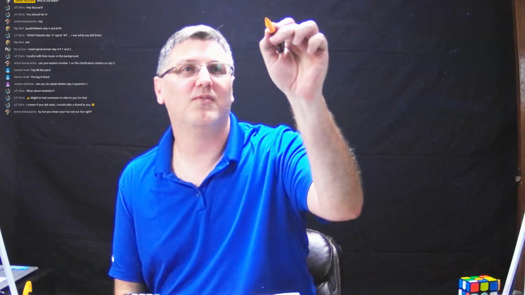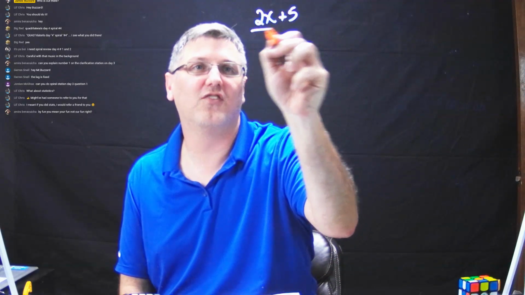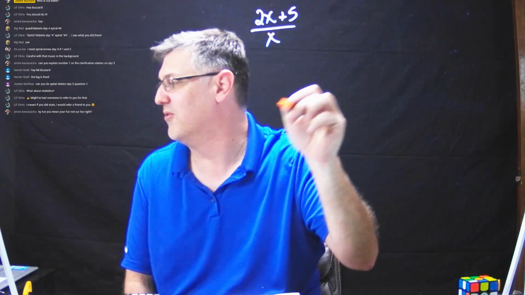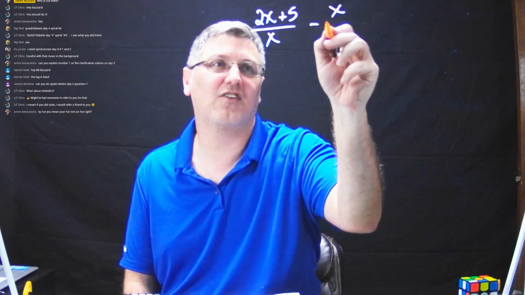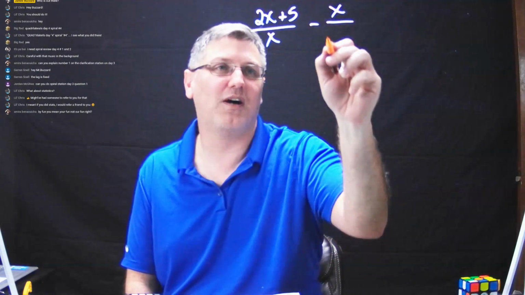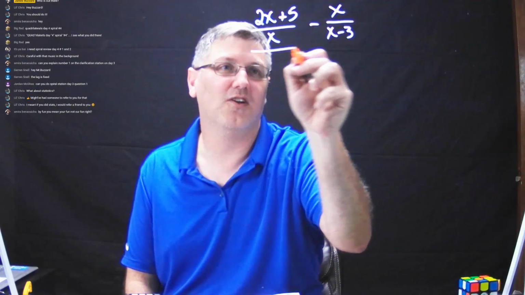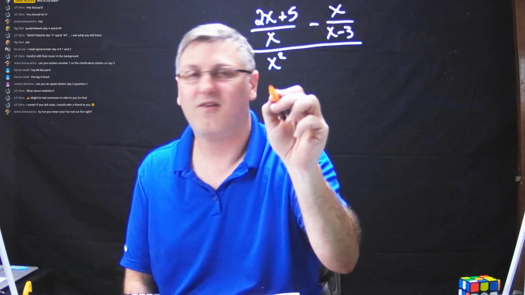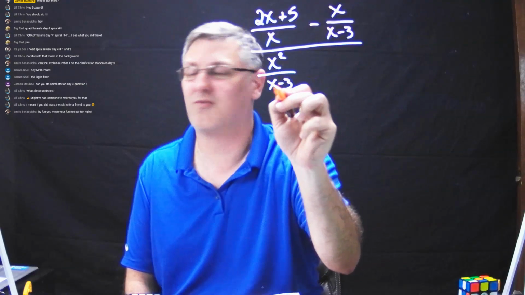Okay, so here's a fun little problem to do. (2x plus 5)/(x minus x/(x minus 3)), but I ain't done. All that is over (x squared/(x minus 3)) minus ((x plus 1) squared/(x plus 3)). This is out of Algebra 2, so if you're in geometry, this is what you get to look forward to.